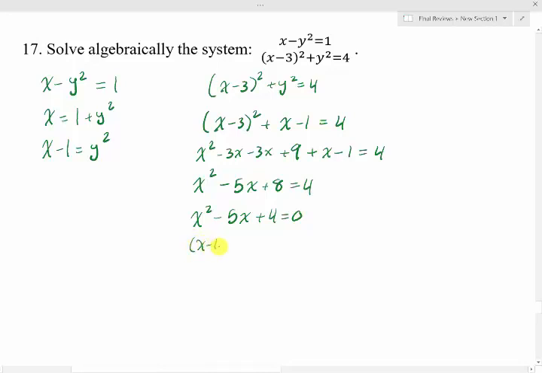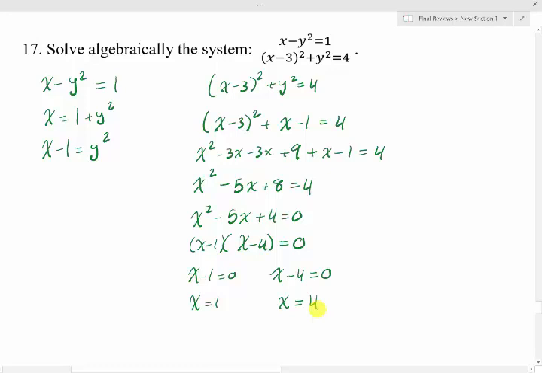So (x minus 1) times (x minus 4) equals 0. Then x minus 1 equals 0, and x minus 4 equals 0. So x equals positive 1, and x equals 4, which is really nice.